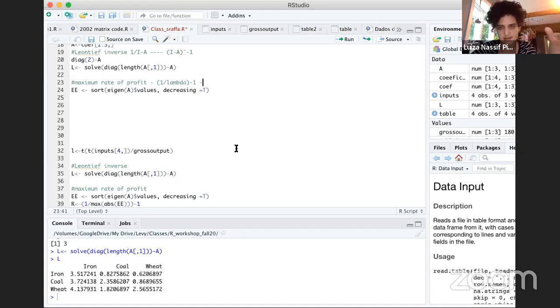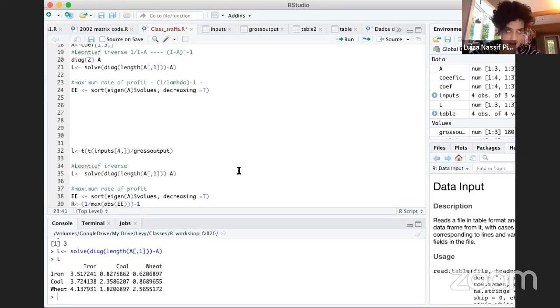this is the Perron-Frobenius theorem part. It gives you a lot of info about the maximum eigenvalue of a table.